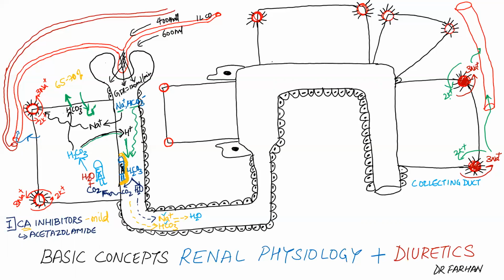Now, apart from having these sodium potassium ATPase pumps, the principal cells, or P cells, will also have certain ion channels on their luminal side. These are sodium ion channels, and in addition to that, they will also have potassium ion channels.